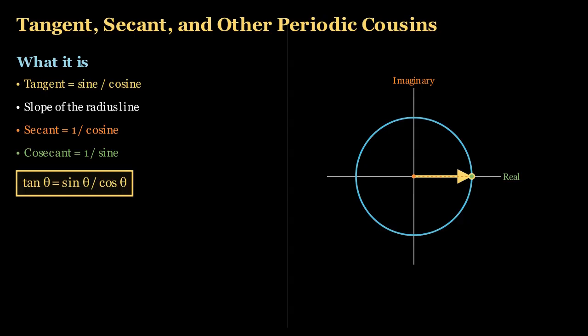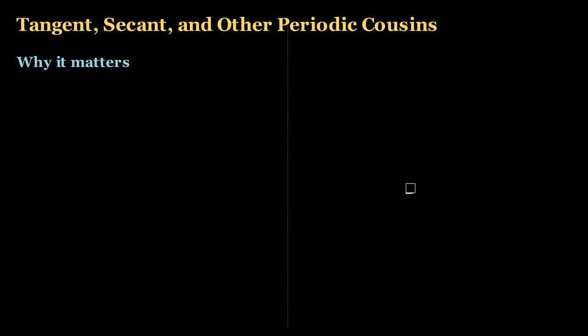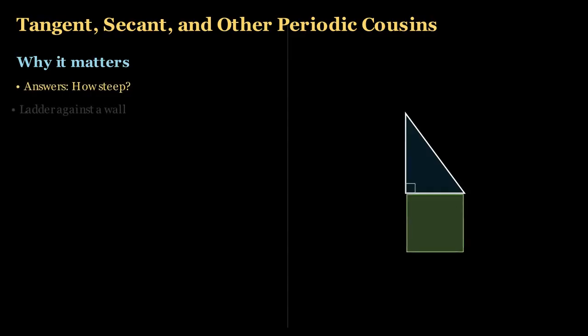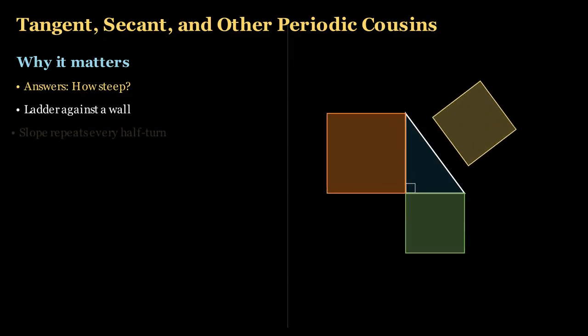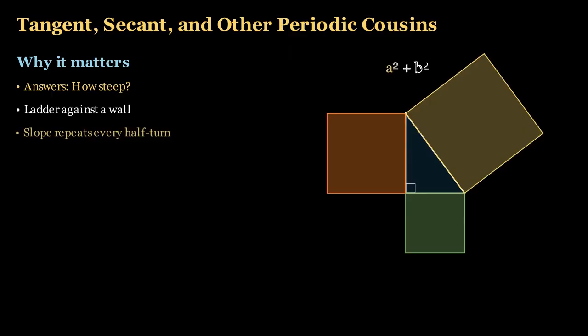Why do we need these extra functions? Sine and cosine give us coordinates on the circle. But real life often asks a different question: how steep is something? Imagine a ladder leaning against a wall. The height the ladder reaches is sine, the distance from the wall is cosine. But the steepness of the ladder is the height divided by the distance, which is tangent.